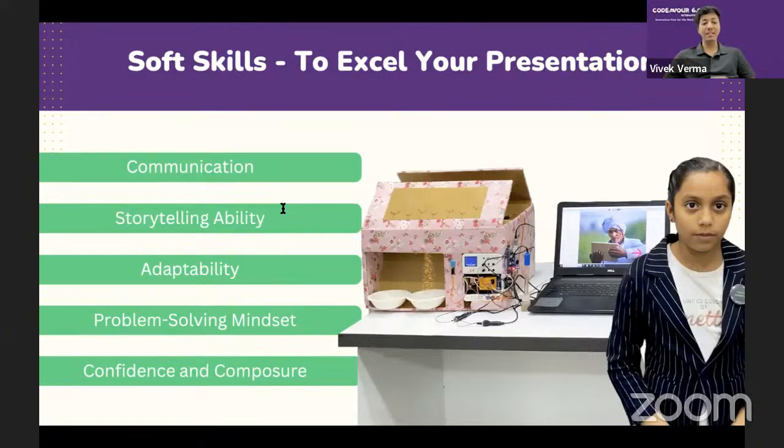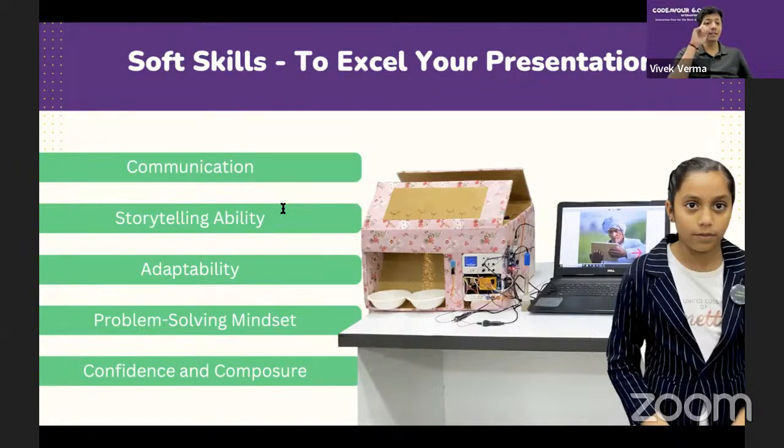Adaptability means being prepared to adjust your explanation based on your audience's reaction or follow-up questions. So let's say the judge asks me about my Corky robot, about what exactly Corky is.